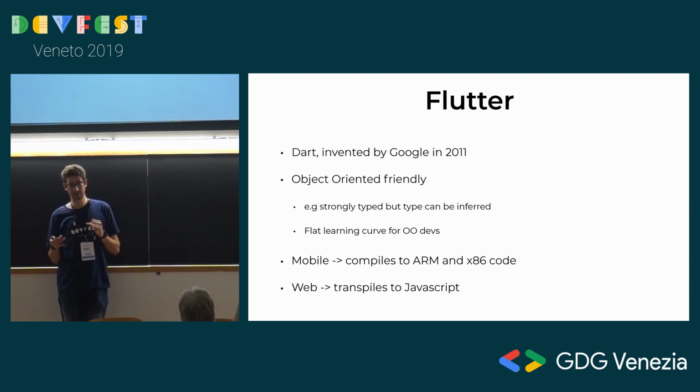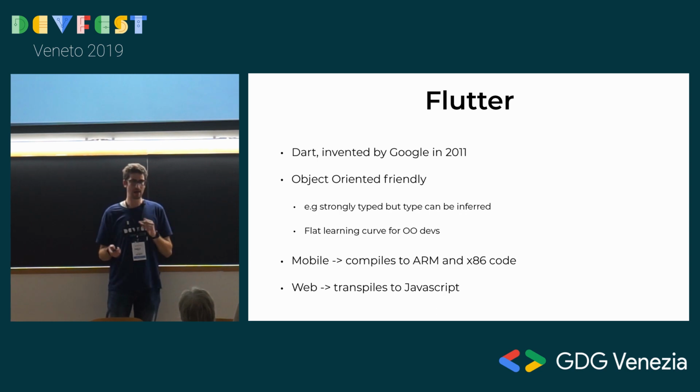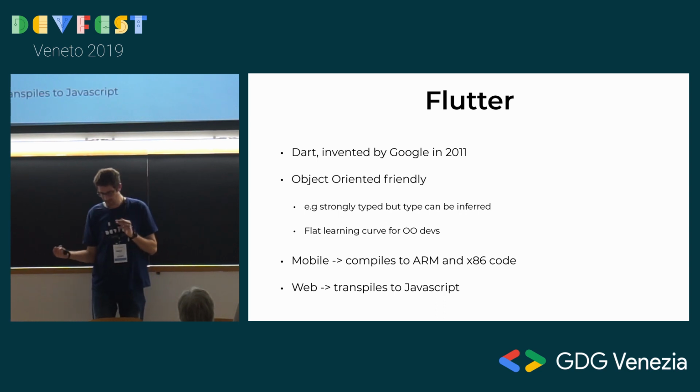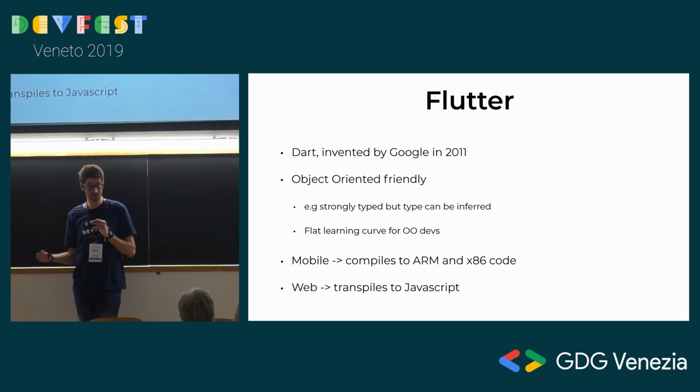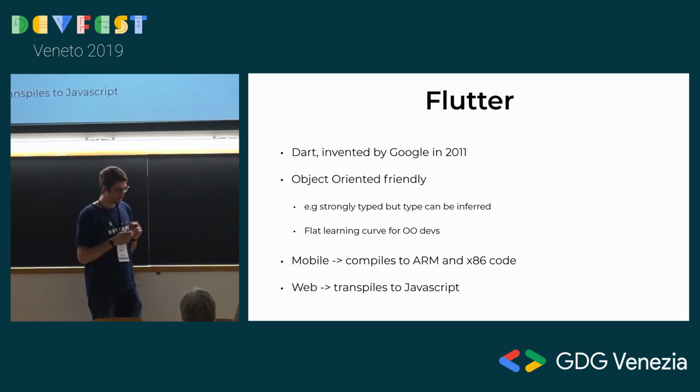The result is a language that is easy to learn for object-oriented devs, but also for web devs. Another interesting feature of Dart is the capability to generate native code and transpile into JavaScript. This is a useful feature that we are going to see later on.